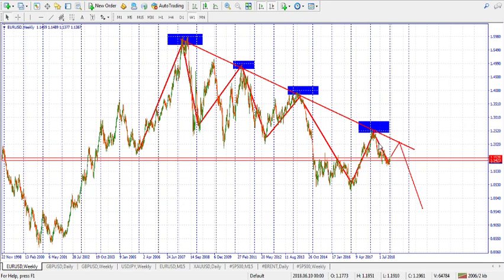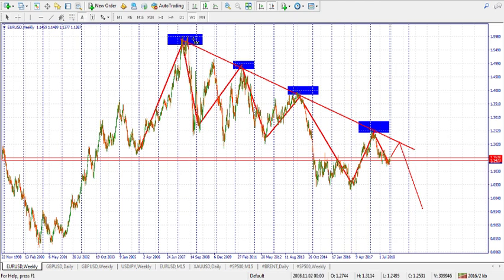Any attempt to come back to this trend line tends to fail. Each time price comes back to this place, it bounces back to the lower side. So what this means is simple: we expect price to proceed even further lower.